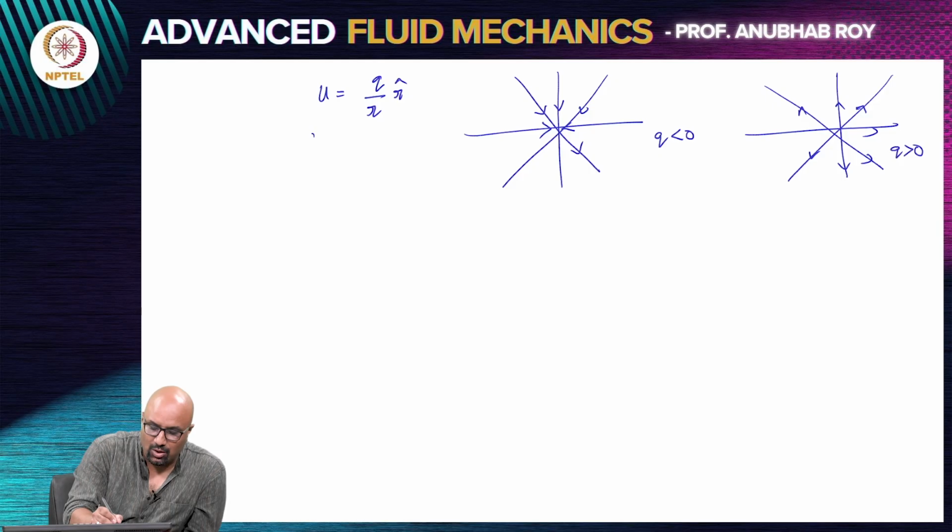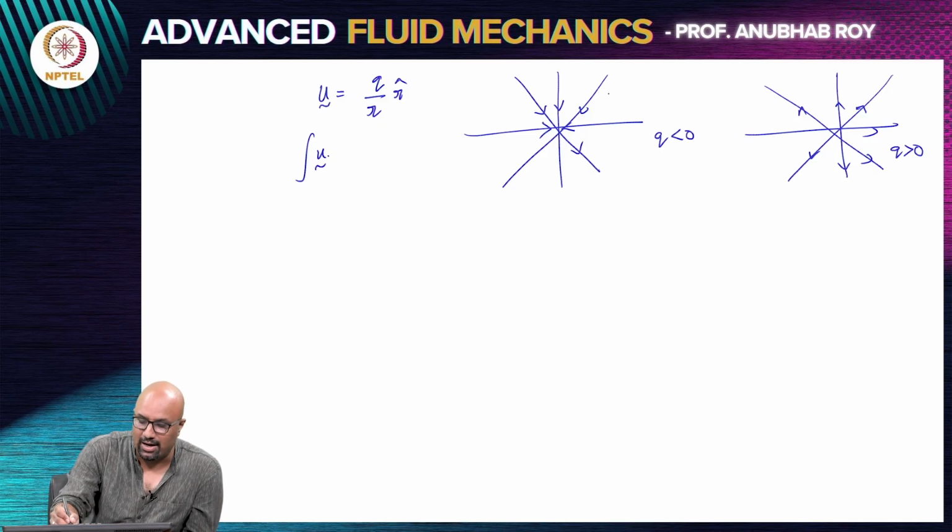And if you were to compute u dot a cross-sectional area, like you consider a circuit, so in 2D it is just a line. If I consider that particular closed line, a closed contour, then this would be q by r d theta at a given value of r.